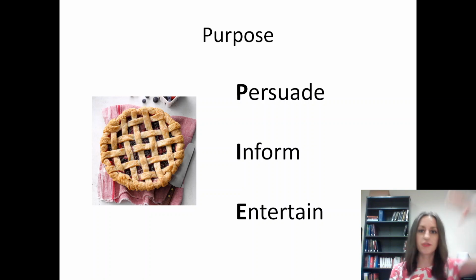It can be everything from that wide, my goal is to persuade, to the more specific, my goal is to persuade you to buy something, to the even more specific, my goal is to get you to buy this particular product, right? So there's layers of purpose, and then all the way down to the very specific message of the text we're looking at. So if you remember the Nike ad that we talked about, all those layers of message and purpose, part of the purpose was to inspire you from that Nike ad.